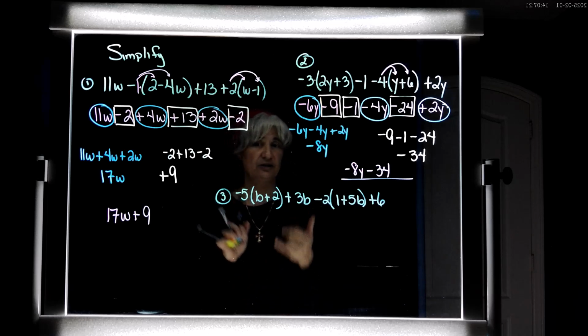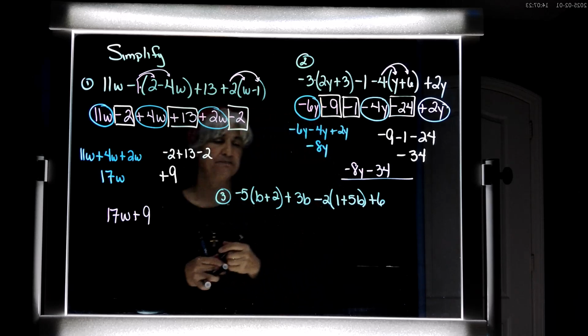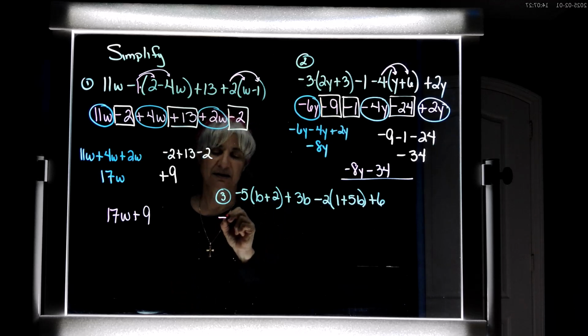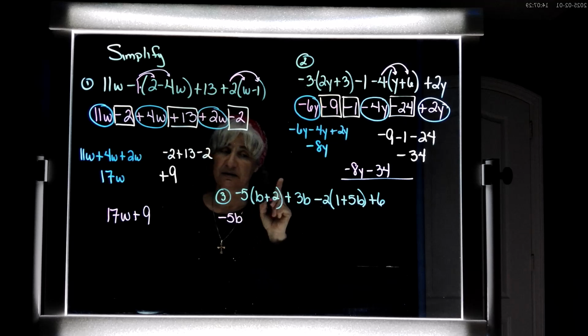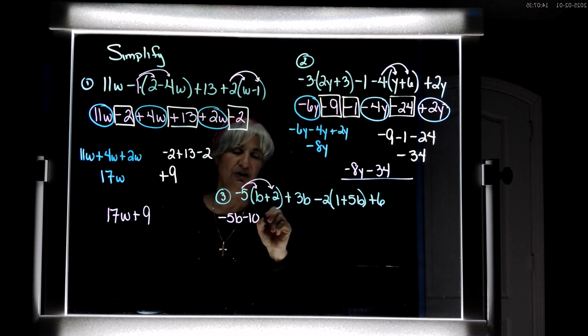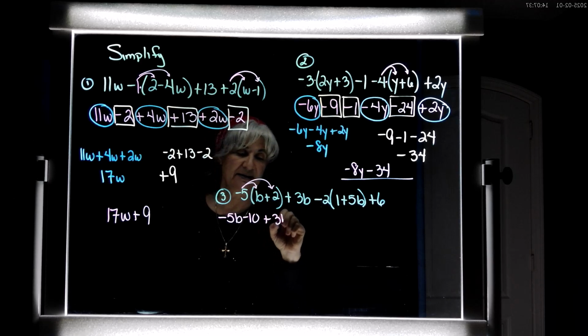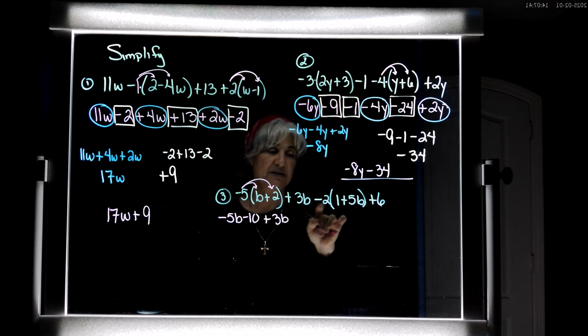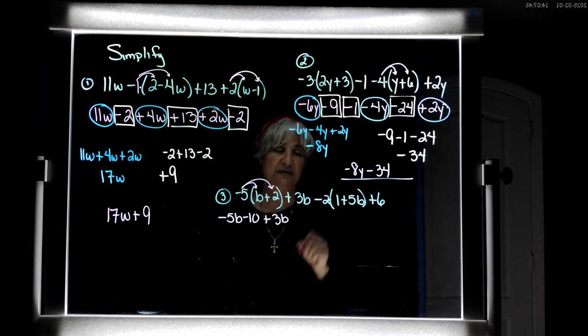Okay, I'm assuming you're done because you started the video again. So here we go. Let's see if you follow along. I get negative 5b minus 10. And then, good, the plus 3b stays as is because it's outside the parenthesis. And then I come across this minus 2 being multiplied to the parentheses.